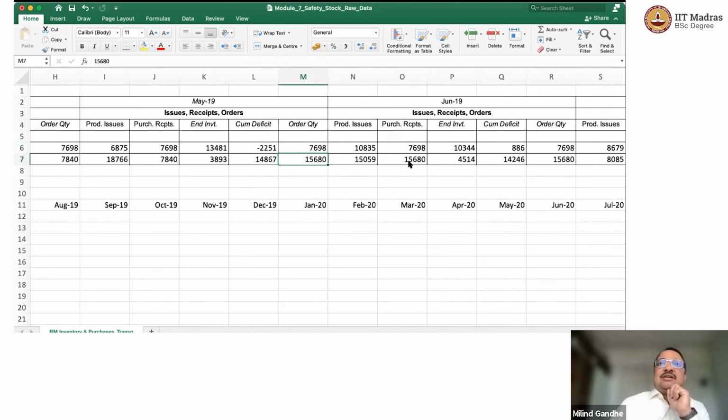What might have happened in the month of May is that it must have crossed the reorder point 2 times, which is why he ordered 7840 2 times.